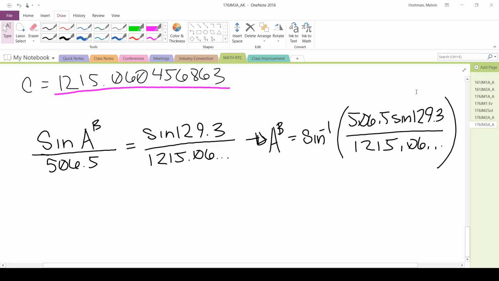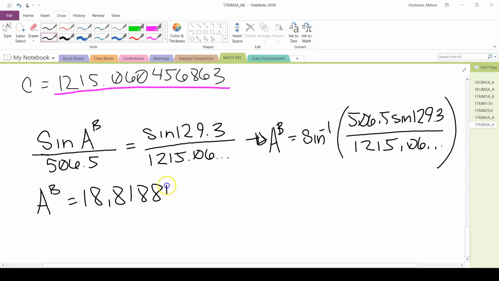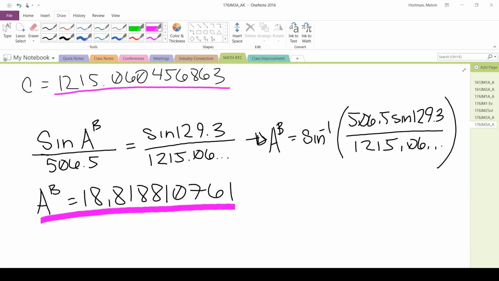So I'll write that out. Alright, that's the second value down.